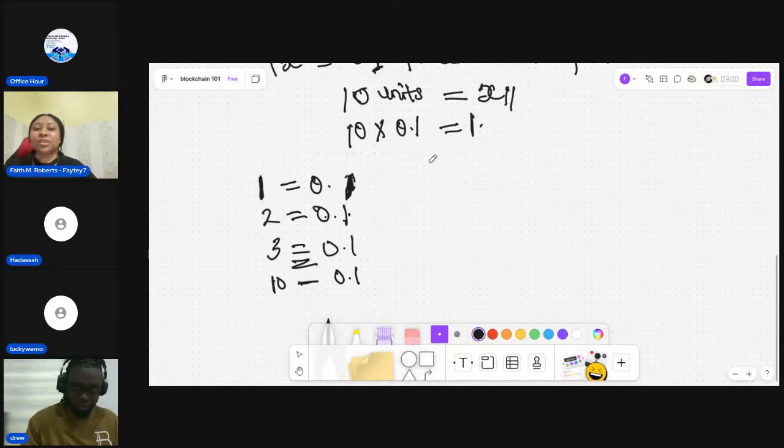So in understanding this, you need to understand what is happening behind the scene. For every step where a unit keeps getting added, plus 1, plus 1, for each of these steps, 0.1 is getting subtracted from it.